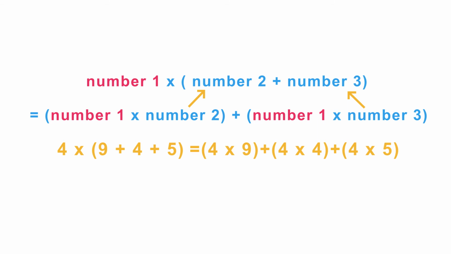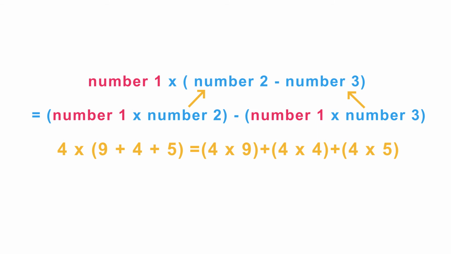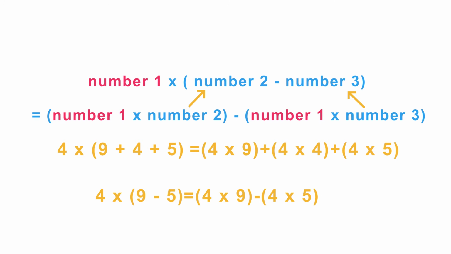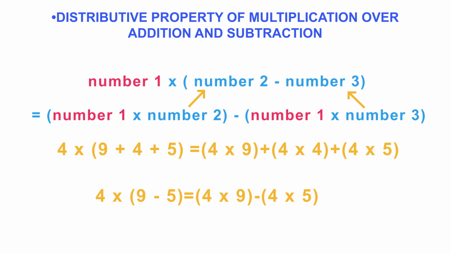The same holds true when numbers are being subtracted. For example, 4 multiplied by (9 minus 5) is the same as 4 multiplied by 9 minus 4 multiplied by 5. This property of whole numbers is called the distributive property of multiplication over addition and subtraction.